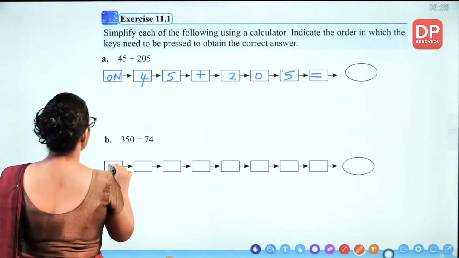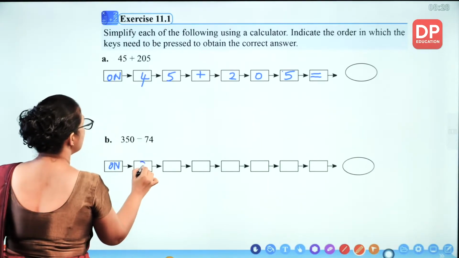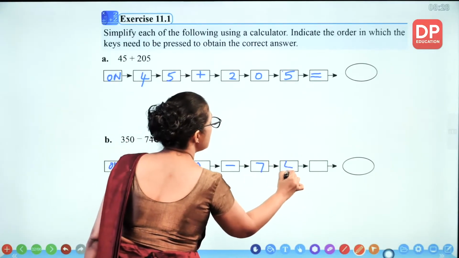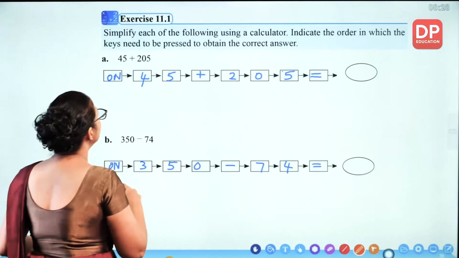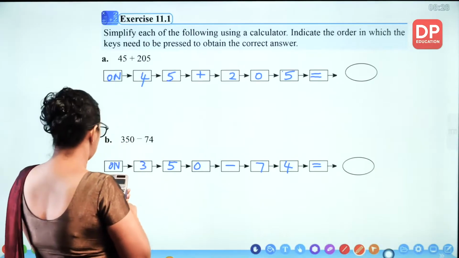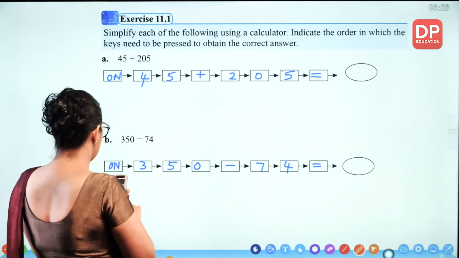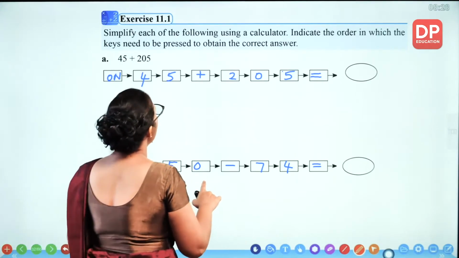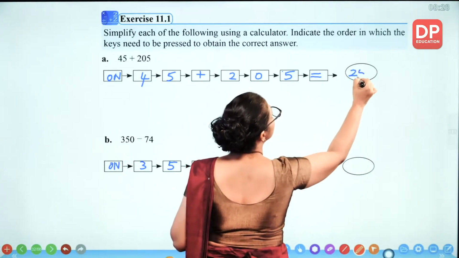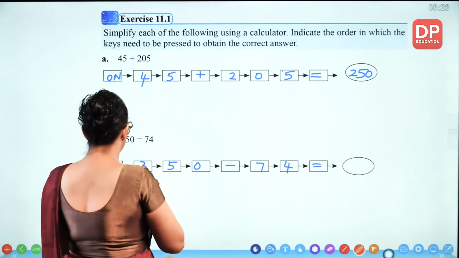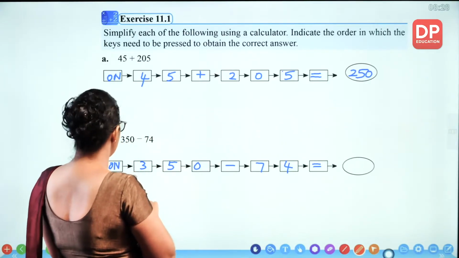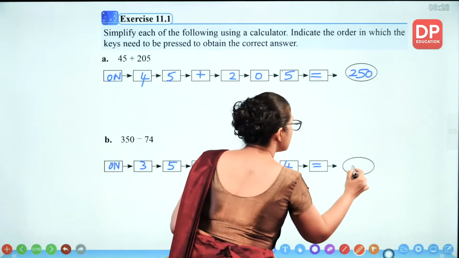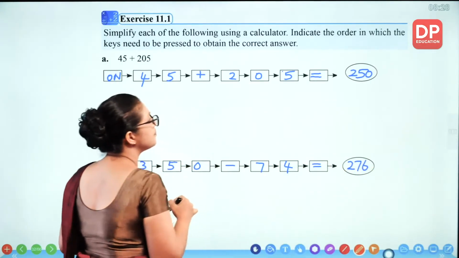This one, switch on the calculator. 350 minus 74. Now use the calculator. 45 plus 205, you get 250. This one, 350 minus 74, you get 276.